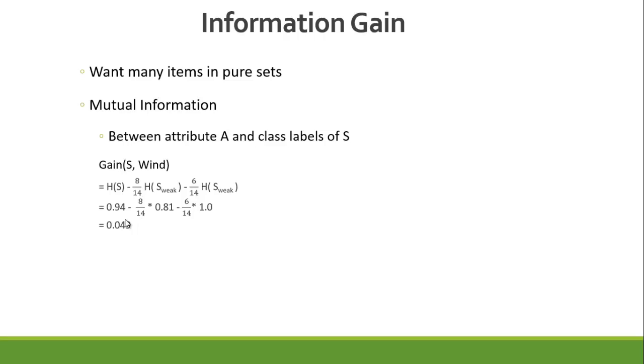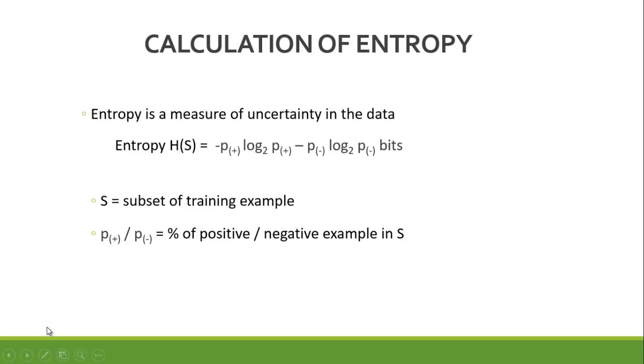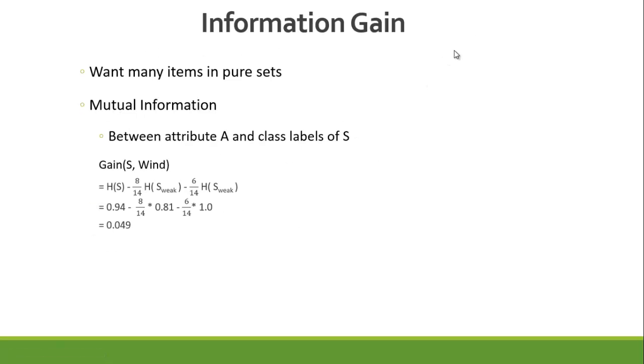So once we calculate the entropy value as shown in the last slides, we will use this equation to calculate the entropy values first for one attribute and then for other attributes, and we will find out the most relevant information gain.